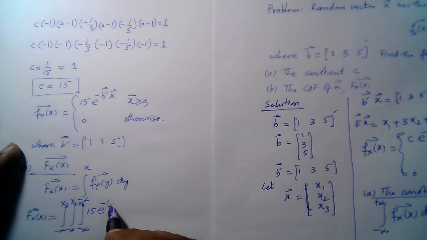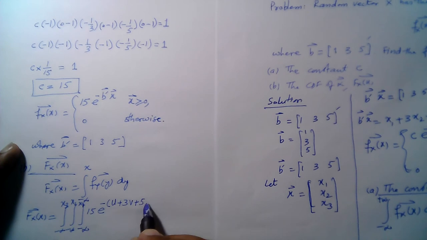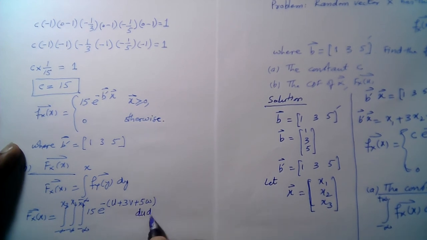So let us say instead of x1 we use u, right? For x2 we use v, so this will be 3v plus 5w, and this will be du, dv, dw, right?